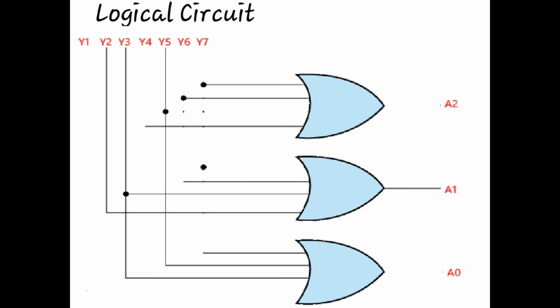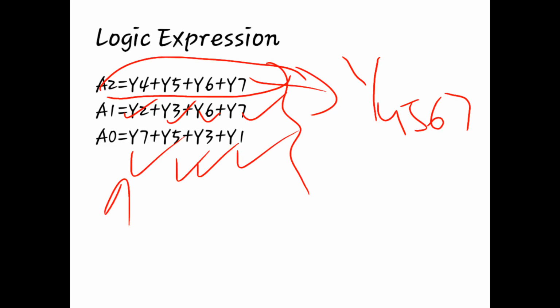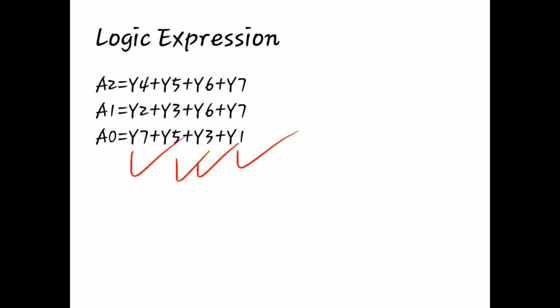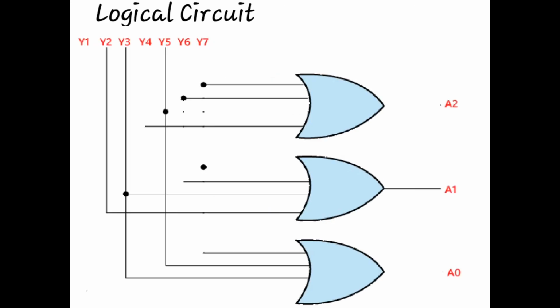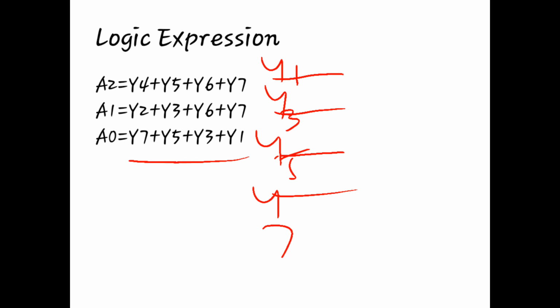Now the logic circuit. If we talk about A0, then obviously depending upon the inputs, let us say Y1, Y3, Y5, and Y7, we have to use an OR here.